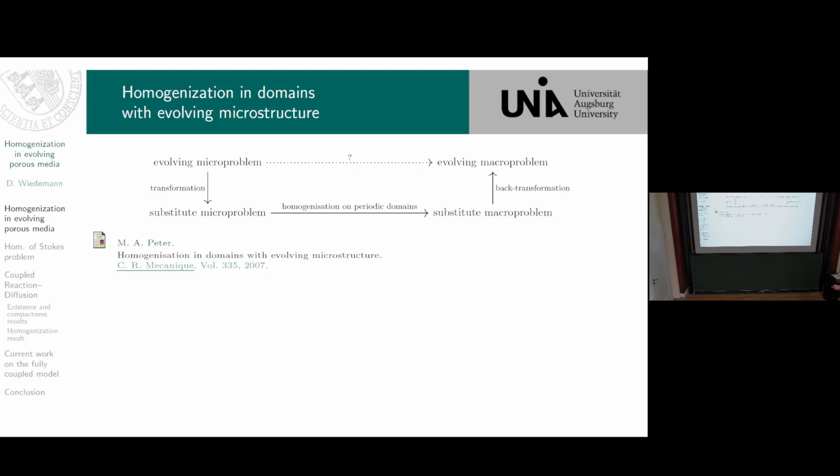And there, Malte Peter has proposed the following approach, that we simply transform this micro problem on this evolving non-periodic domain on a periodic substitute domain, and then we do the homogenization for this problem, which is on the periodic domain and should be a little bit easier. And then we transform the problem back.